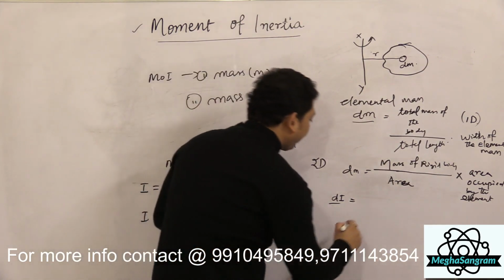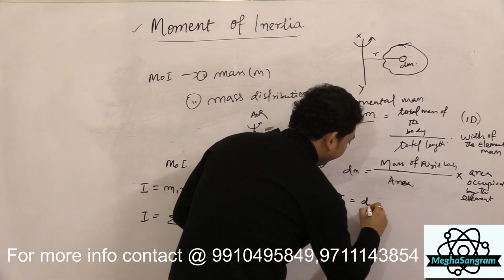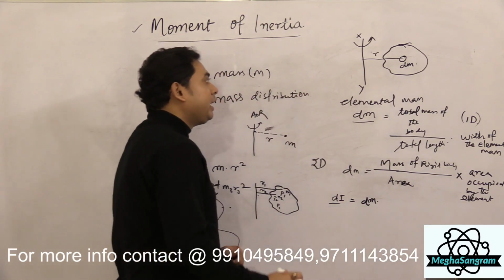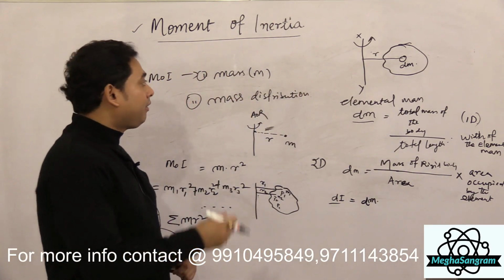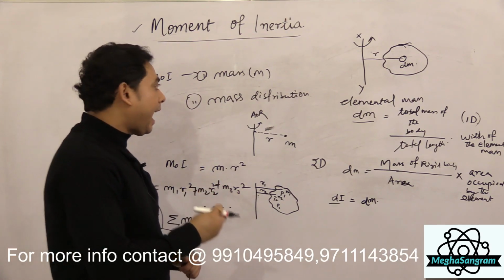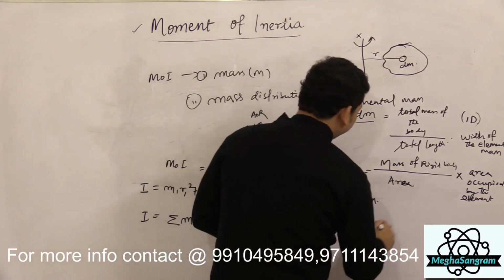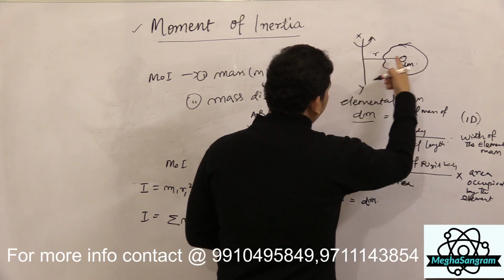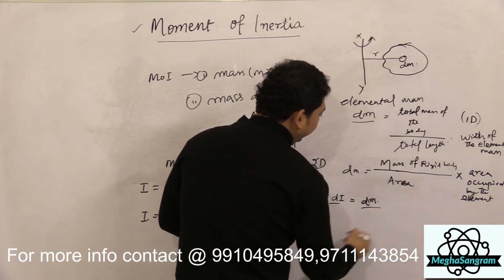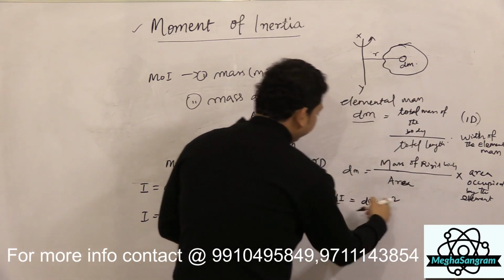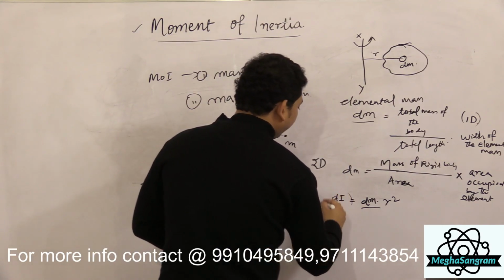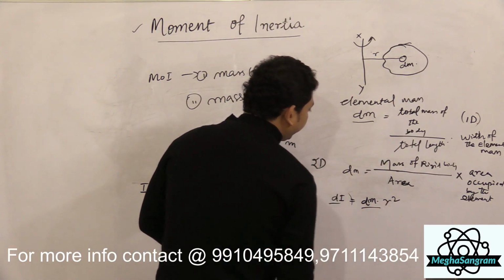It is nothing but the product of mass of the body, so here in this case we are taking elemental mass, multiplied by square of the distance between that mass and the axis of rotation. Here the elemental mass is located at r distance from the axis of rotation, therefore we have multiplied dm with r square. So dI, that is moment of inertia of an element, is equal to dm r square.